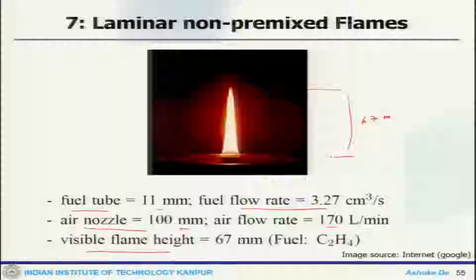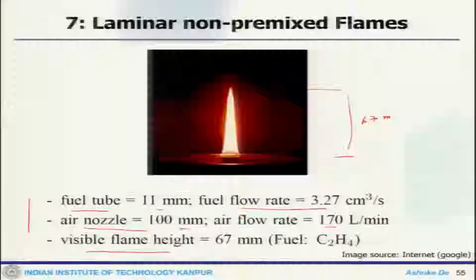We looked at this particular example of a simple burner. These are the dimensions of that burner: tube diameter, fuel flow rate, nozzle, and this is the visible flame height.